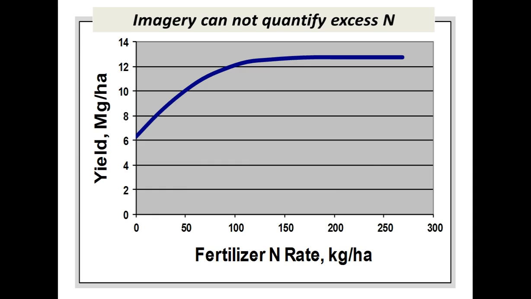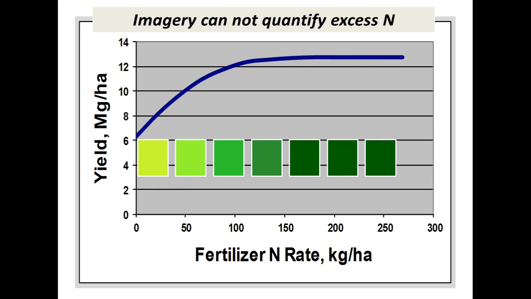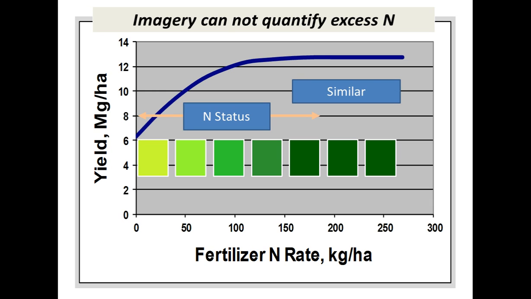A little picture here of what we're really talking about. I've tried to assign some colors of what might be the leaves in these different kinds of plants. But the important thing is that our sensors and the imagery, they're very sensitive until we get to the point of having luxury consumption. Corn plants are notorious for taking up more nitrogen than they can use.